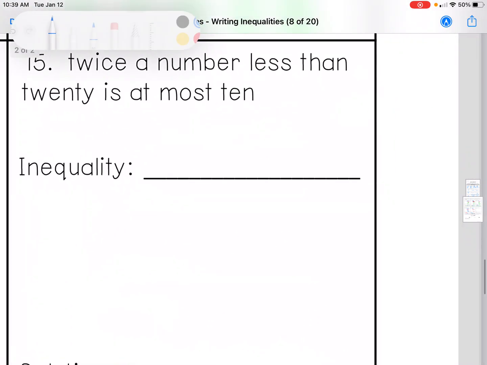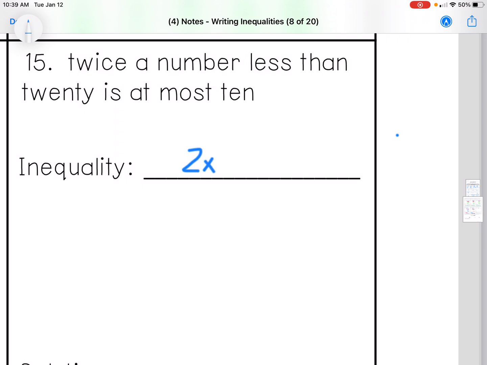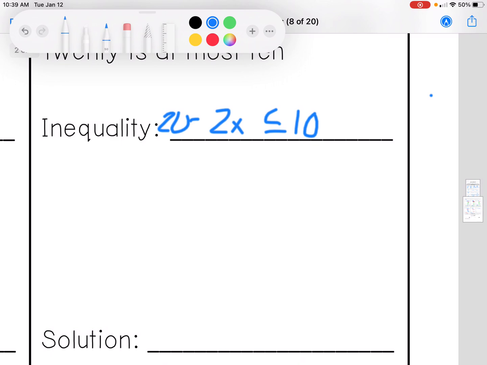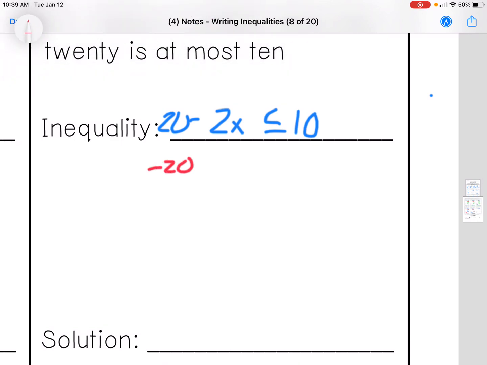Number 15, twice a number, so that's 2x. 20 less than 2x means put the number first, so 20 minus 2x is at most 10. Okay. So we're going to subtract 20. Going to leave you with -2x is less than or equal to -10.